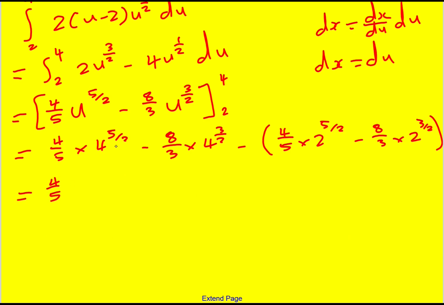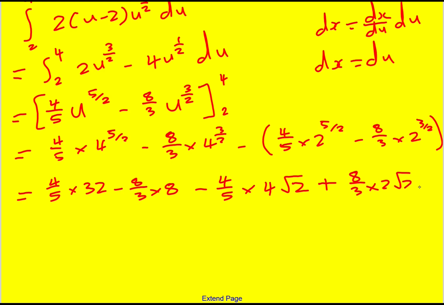This again becomes 32. This bit here is 8/3 times 8. My 2 to the 5 over 2 as before is 4√2. And I'll end up plussing 8/3 times 2√2.